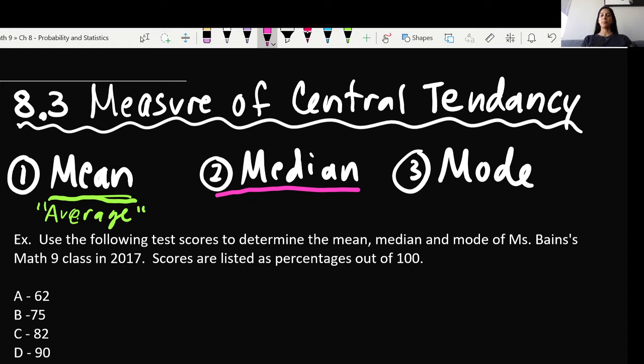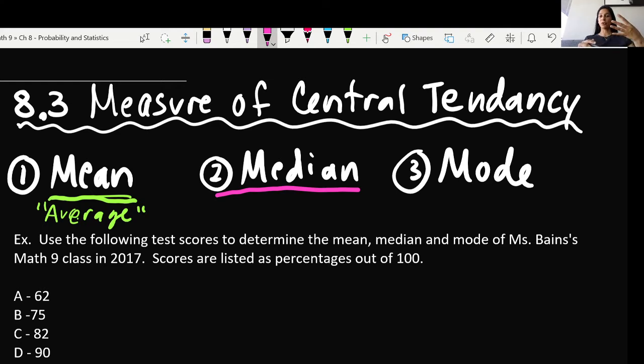For number 2, for the median, we would list the numbers from smallest to largest, and we would look for the number that's right in the middle. So if, for example, you had, let's say, 3 different values to work with, you would pick the second one to be your median, once you've arranged them smallest to largest.